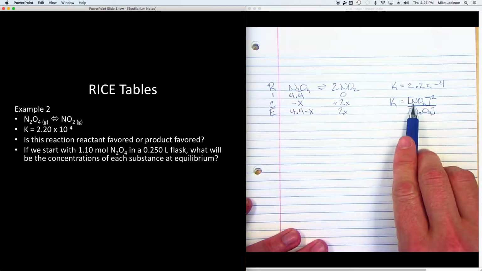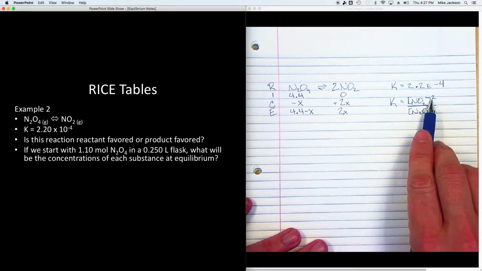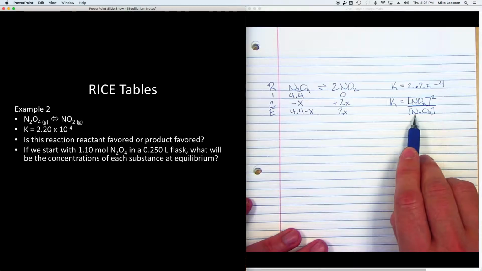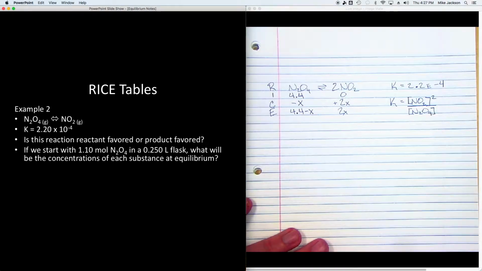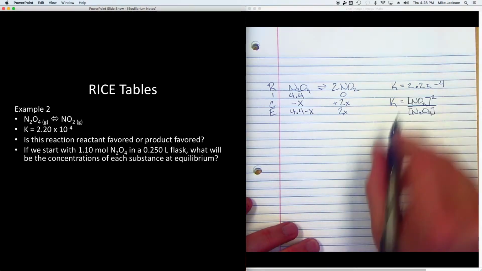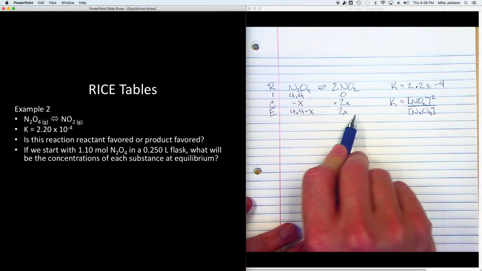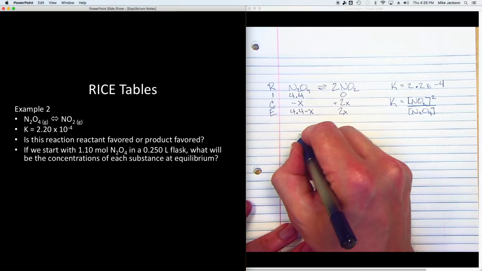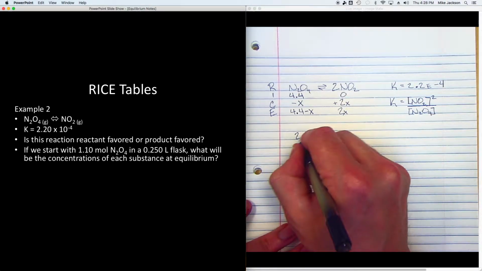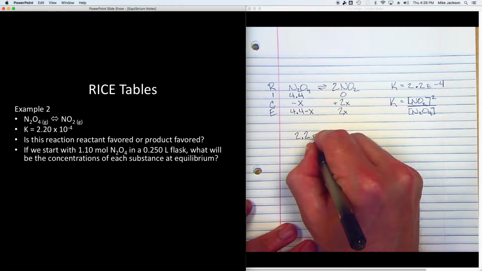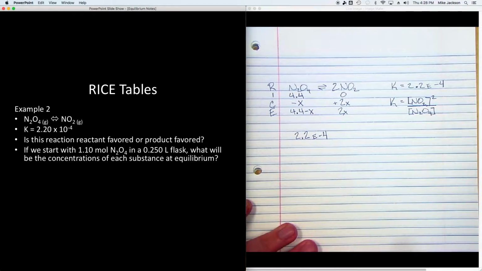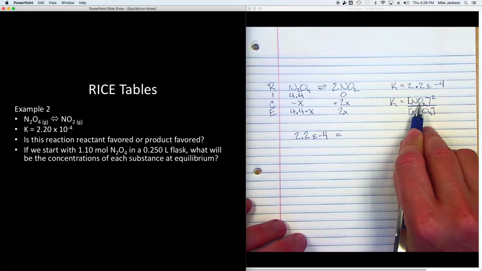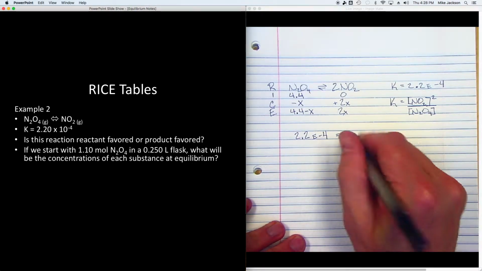So the concentration of the NO2 squared divided by the concentration of the N2O4 just to its first power. Now I'll plug in the equilibrium values that I have written here, and I'll come down here so I have more room. So the K value is 2.2 times 10 to the minus 4. And that equals our NO2 value, which is 2x.